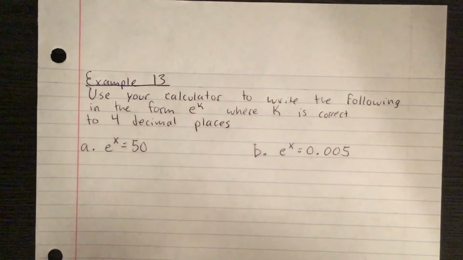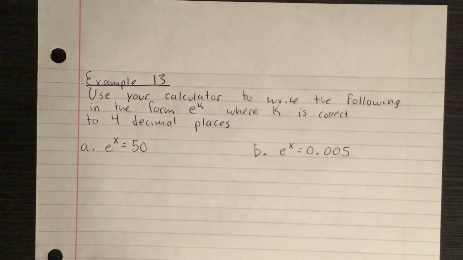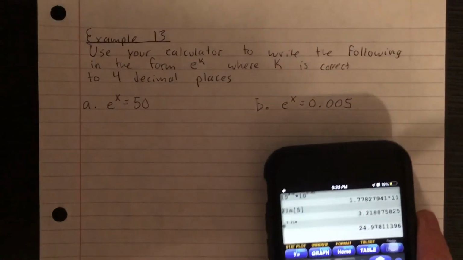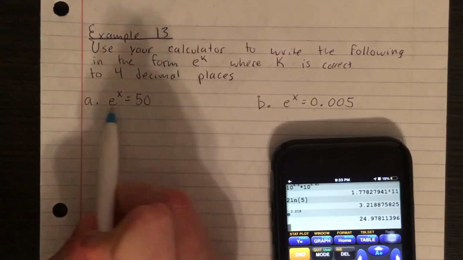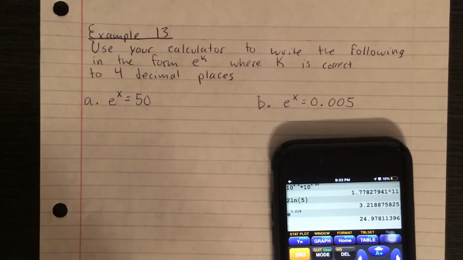So the last thing that we're going to look at here is we're going to use our calculators to write the following in the form of e to the k, where k is correct to 4 decimal places. The general rules for solving these work the same way when you're using a regular log.